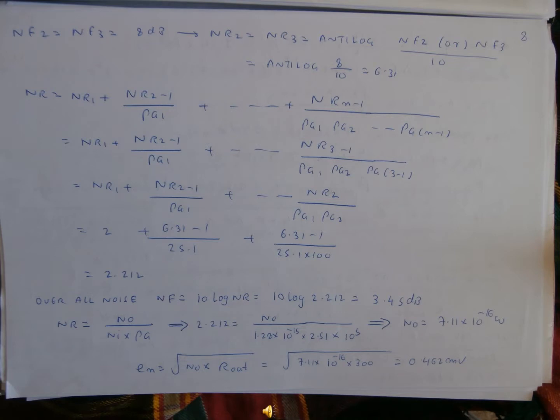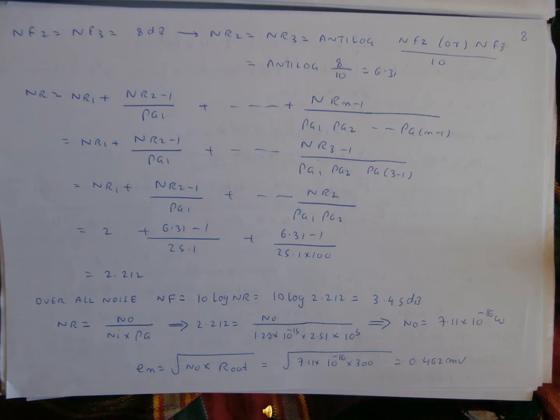In this case, NF2 equals NF3 equals 8 dB, NR2 equals NR3 equals antilog of NF2 or NF3 by 10, so antilog of 8 by 10, you get 6.31. So NR equals NR1 plus (NR2 minus 1) divided by PG1 plus up to (NRN minus 1) divided by PG1, PG2 up to PGN minus 1.